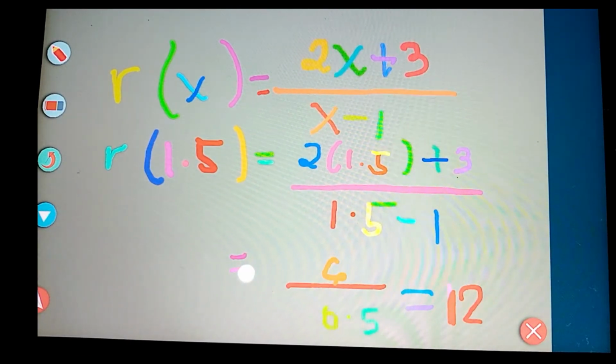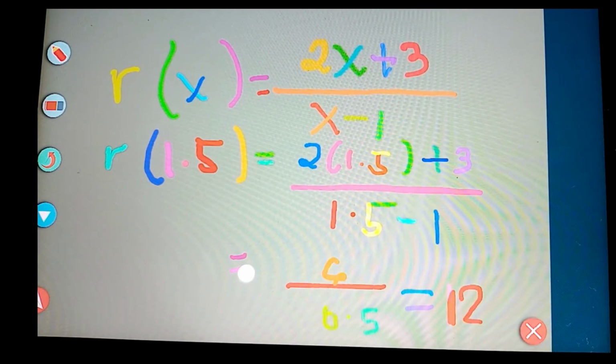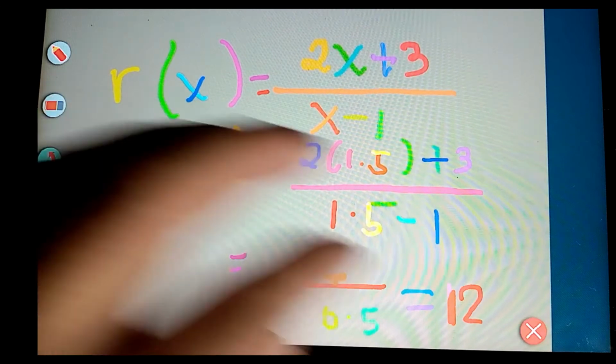Next, for the last one, letter F. Same value of x, x is 1.5.